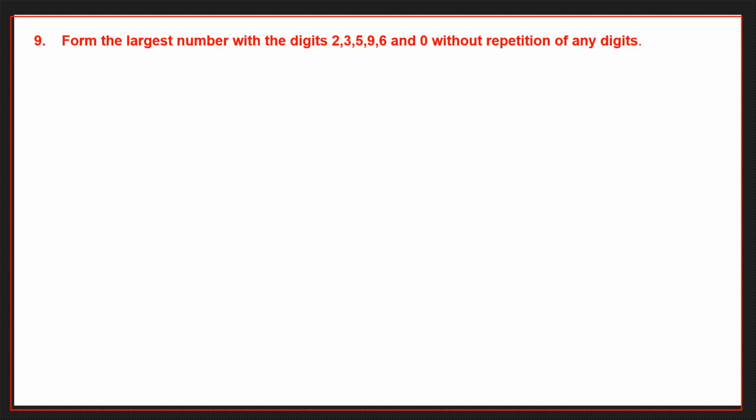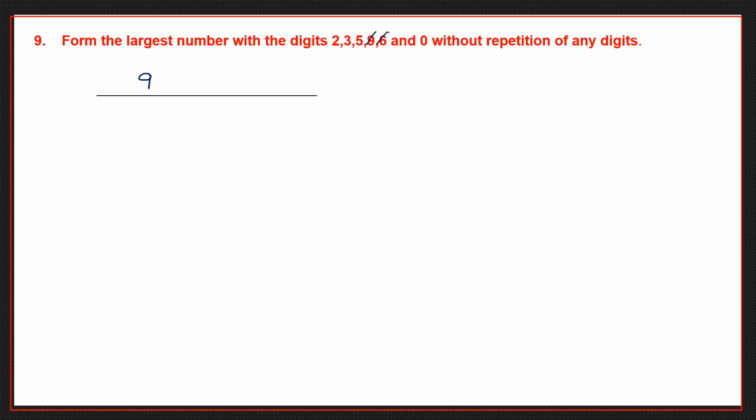Question 9. Form the largest number with the digits given to us without repetition of any digits. Okay, so now let's form the largest number. So whenever you form the largest number with these digits given to us, take the largest digit, which is 9, and go from big to small. So let's start with 9. So we have 9, then which is the next one?